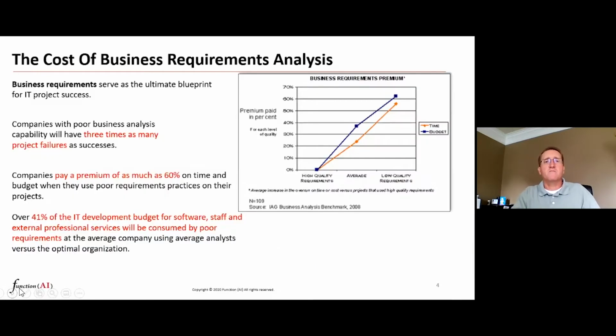The cost of business requirements analysis: we wanted to discuss what the impact of doing it poorly would mean. And certainly, business requirements are ultimately the blueprint for IT project success.